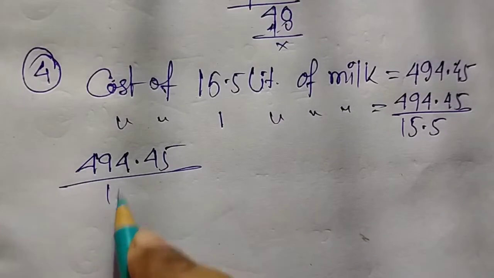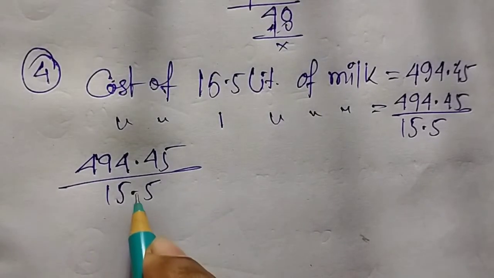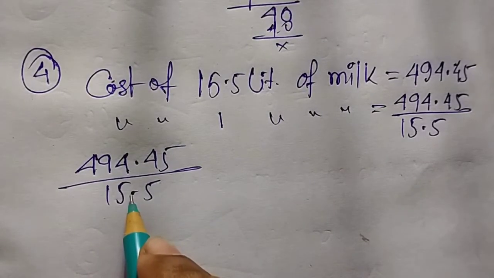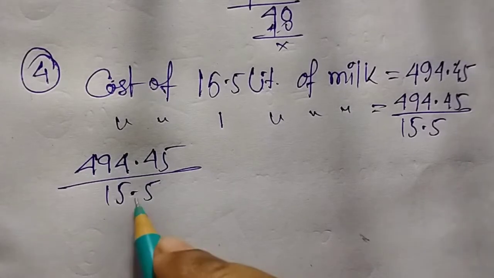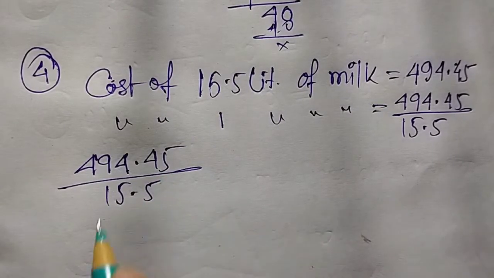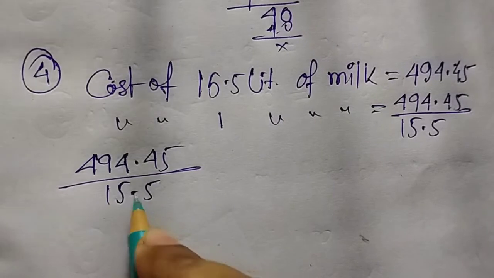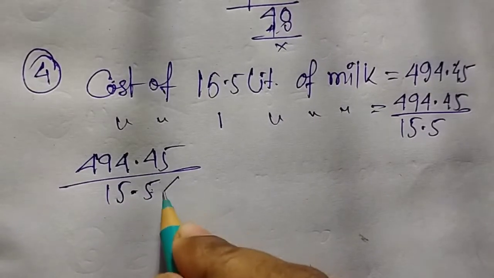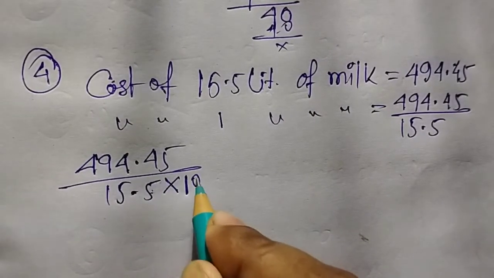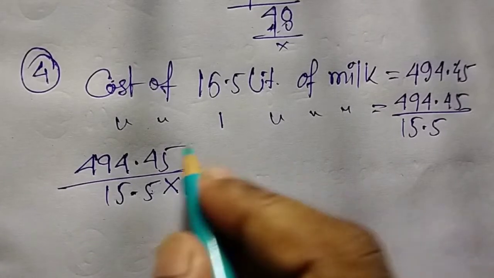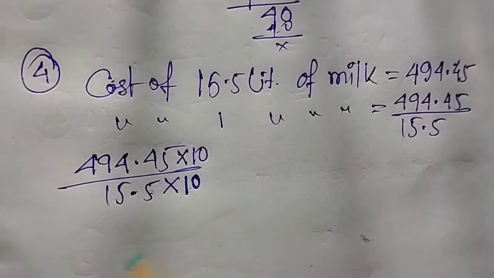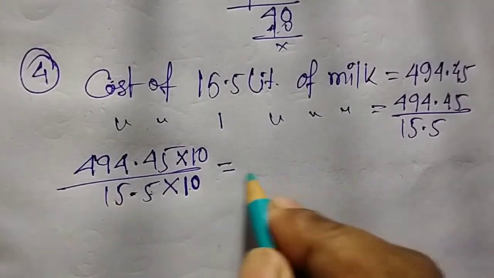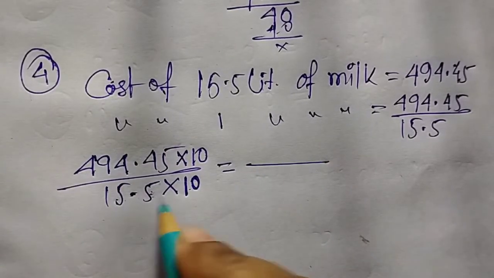Here in the denominator place is a decimal number, so we have to remove the decimal from the denominator place. So here is one digit after the point, so we have to multiply by 10. If we multiply by 10 in the denominator, we have to multiply by 10 in the numerator. So here will be 155.